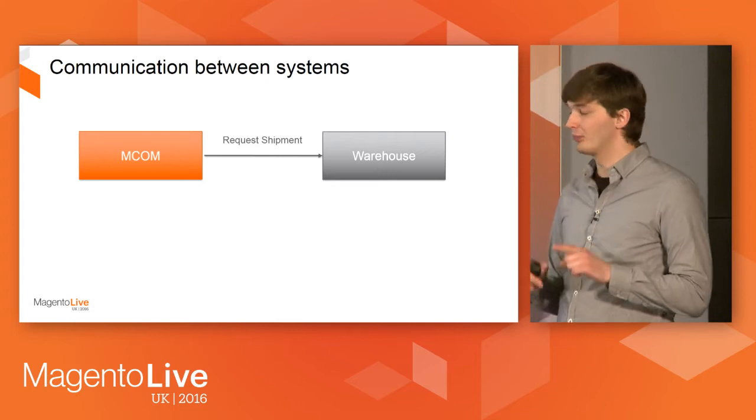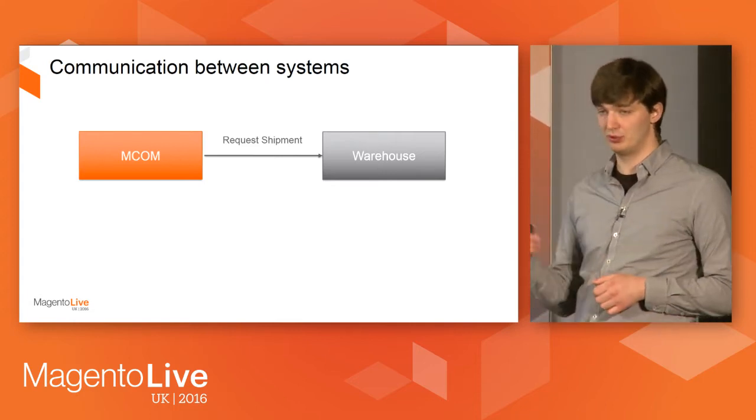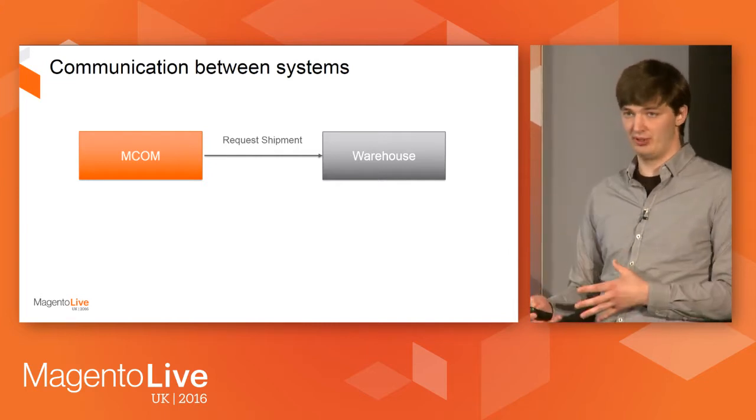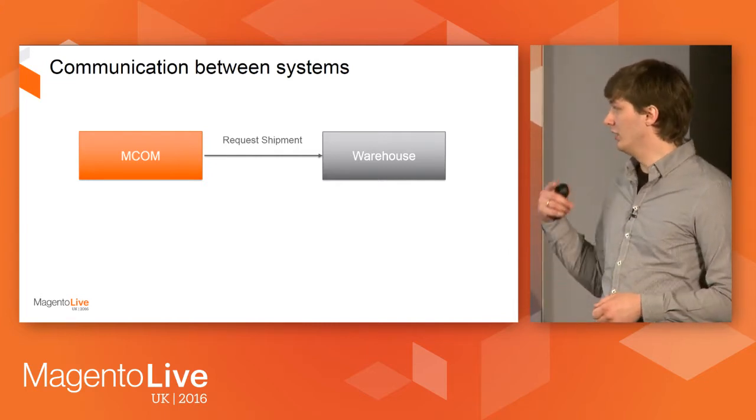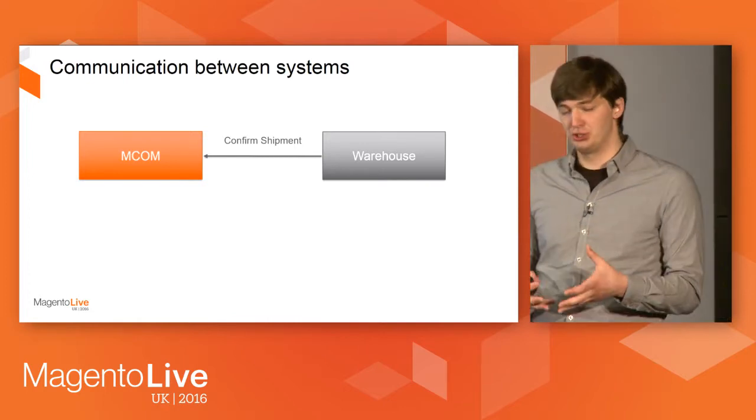At this moment, MCOM will make a command, send a request to the warehouse asking to ship certain items. In the warehouse, they will receive this request. Maybe they will persist it in order to show it in the user interface. Maybe not, I don't know. Then the warehouse agent will see it, will confirm, and this is where another command will be sent to MCOM confirming shipment.